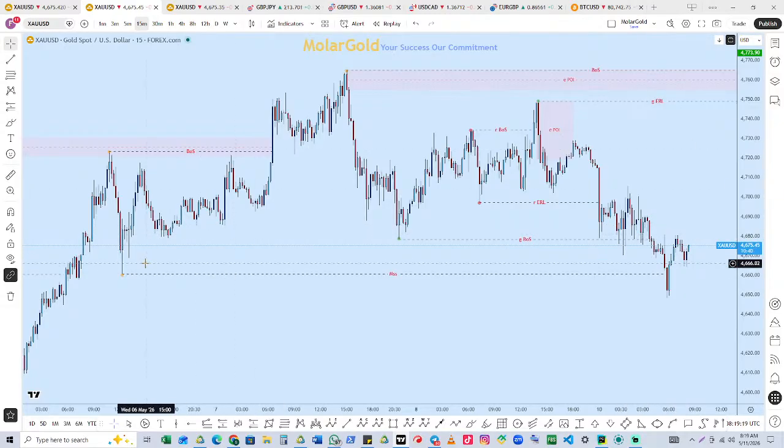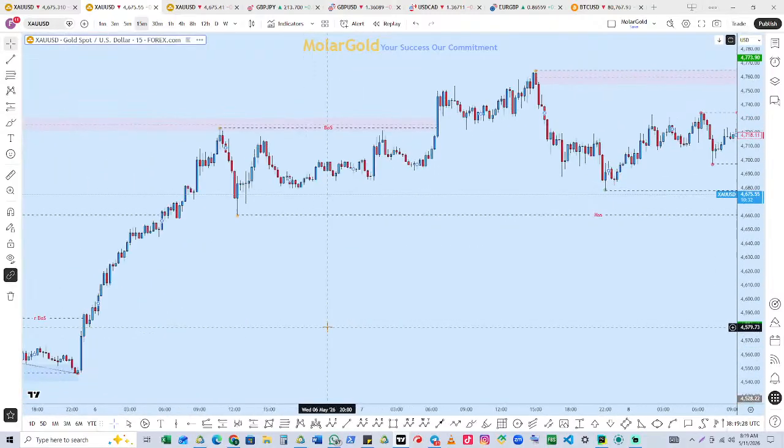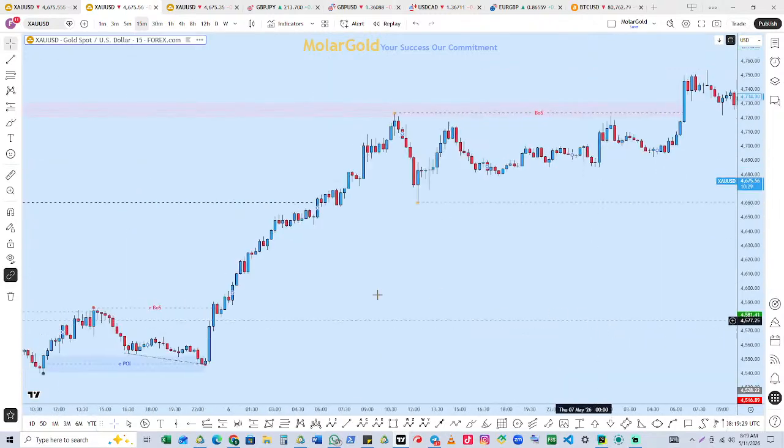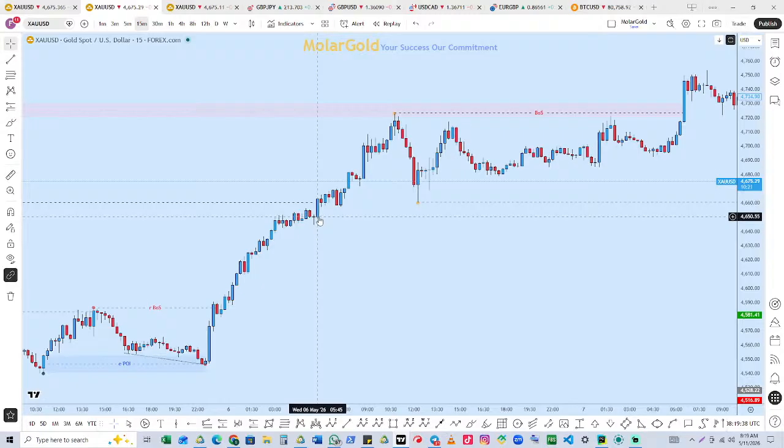If we should take this trade, our stop loss will be right below this candle, this very one. We'll call this candle 2. And I said in recent times we are even going to add candle 3.